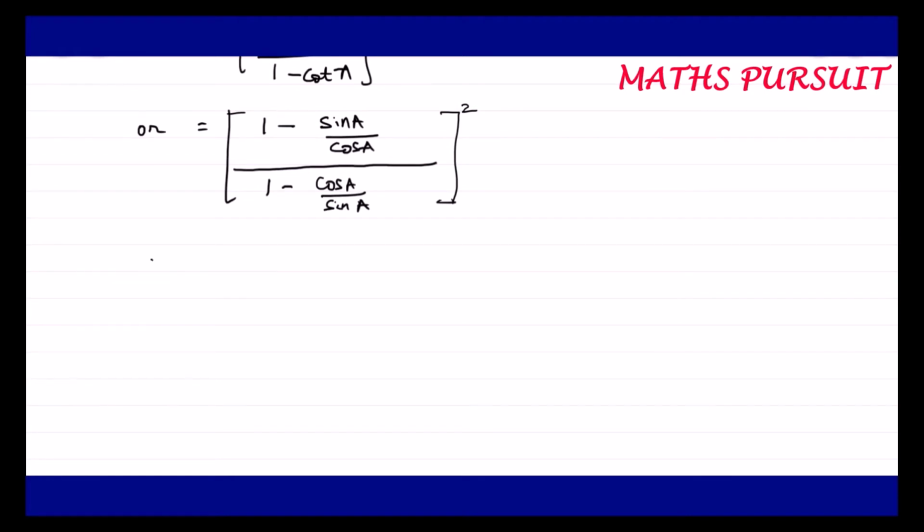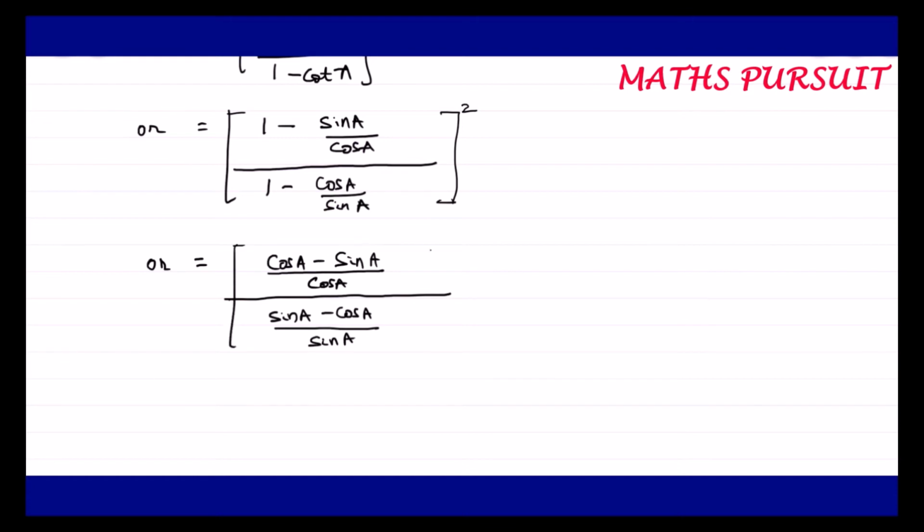Or that is equal to, let us solve this. Taking cos a as the LCM, I can write cos a minus sin a upon cos a, upon, similarly, sin a minus cos a upon sin a, and this is altogether whole square.